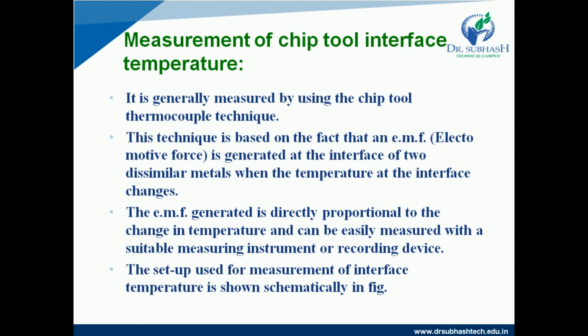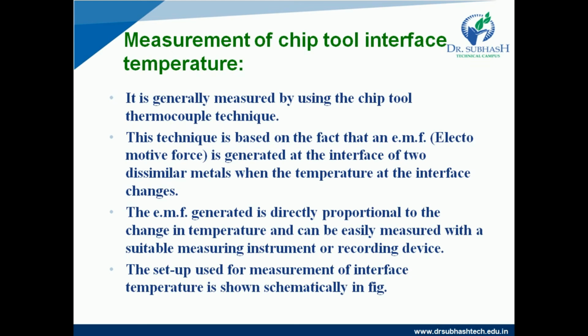The average cutting temperature is evaluated from the millivolt reading after calibration to establish the exact relation between the millivolt reading and cutting temperature. The EMF generated is directly proportional to the change in temperature and can be easily measured with suitable measuring instruments or recording devices.